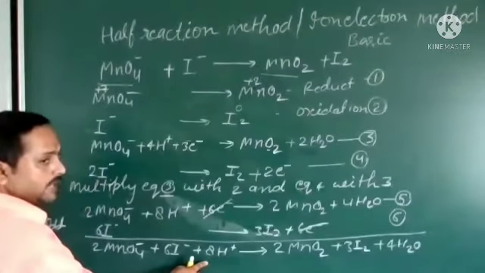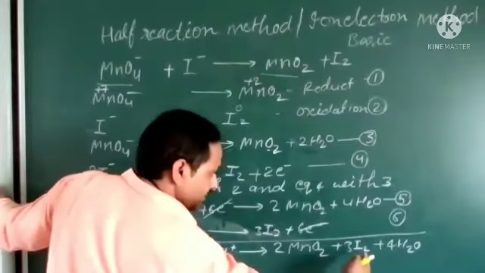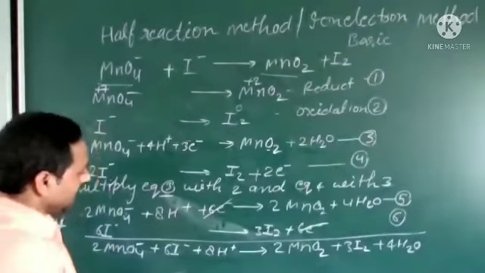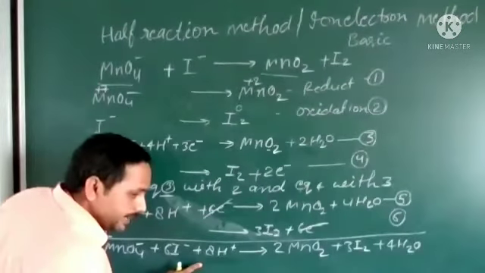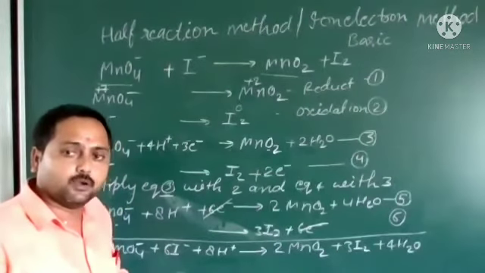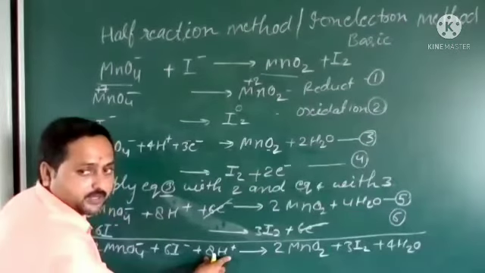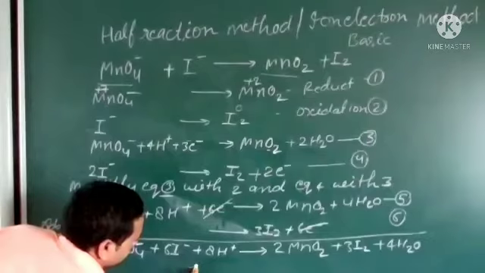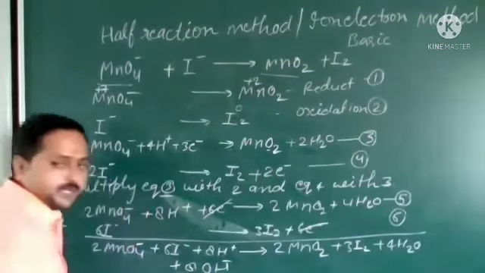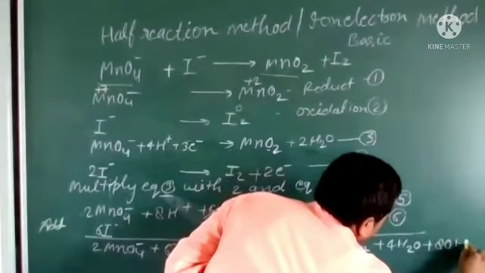It is 8. So we will add 8 OH minus this side and 8 OH minus that side. Understood?